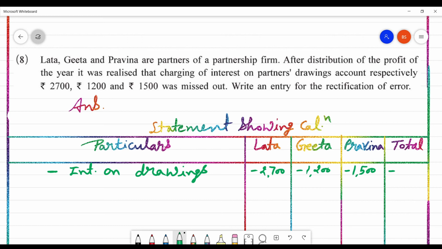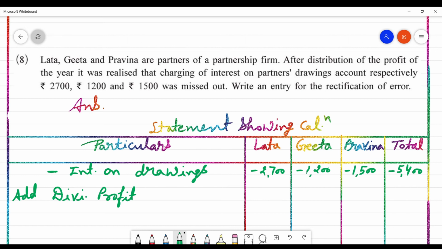After that we will get the total of all three amounts: 2,700 plus 1,200 plus 1,500 will be 5,400. After that we will add the divisible profit, because interest on drawings is income for the firm.